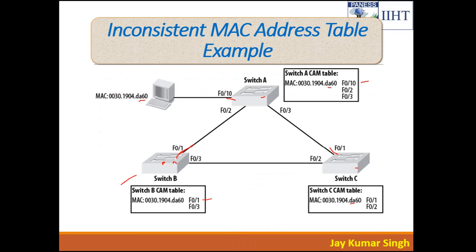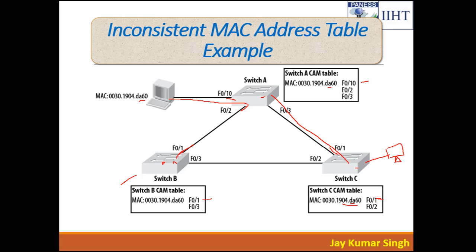Now see, first it will come here. Then maybe someone is here, he will send a packet to this switch. This switch will say that I know this MAC address which is connected via F0/1, so it will come here.